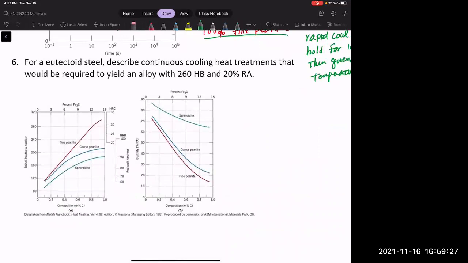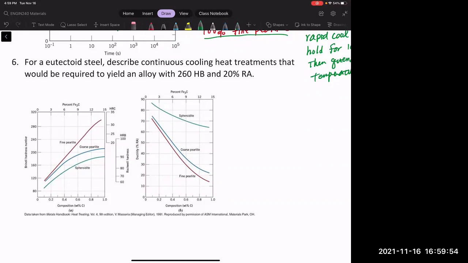They want to generate an alloy with 260 Brinell hardness and 20% reduction in area, which is the ductility. How are you going to do this heat treatment in order to get this product?